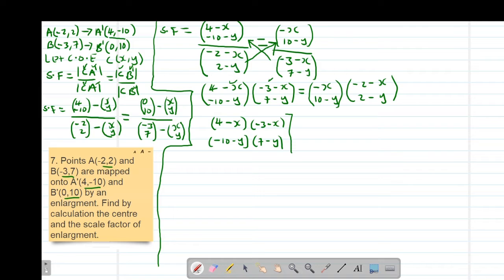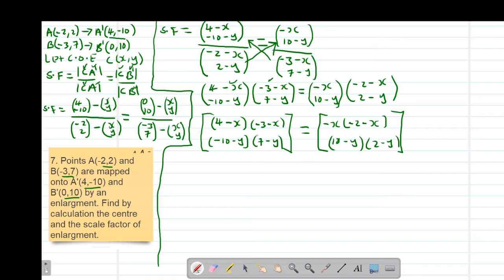So remember, these ones are under a bracket this way, should be equal to negative x into negative 2 minus x. Then on the lower side I'll have 10 minus y being multiplied with 2 minus y. Again, they are under brackets.